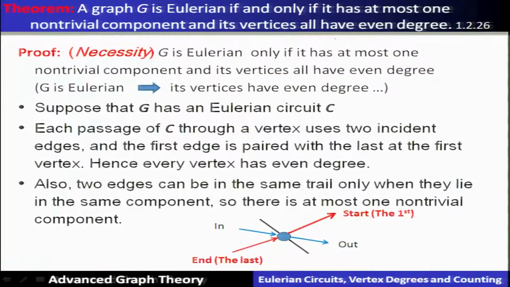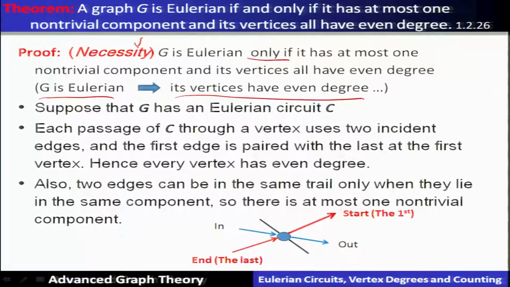So, let us first see the necessity part of this condition, which states that a graph G is Eulerian only if it has at most one non-trivial component and its vertices all have even degrees. That means that if you are given a graph as an Eulerian graph, you have to prove all these properties.